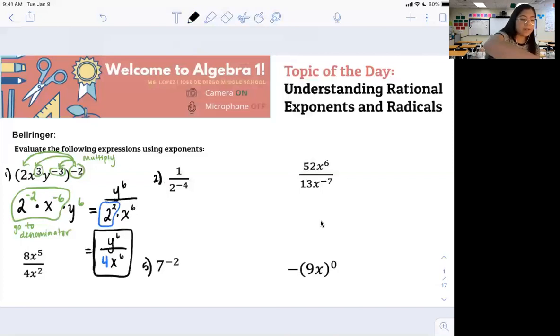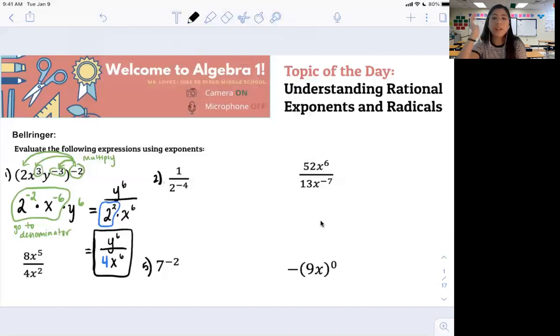Now remember what I said. What do negative exponents make you do? Divide. Kind of, but on a more basic level, if you have a negative exponent, where do you go? In the denominator.